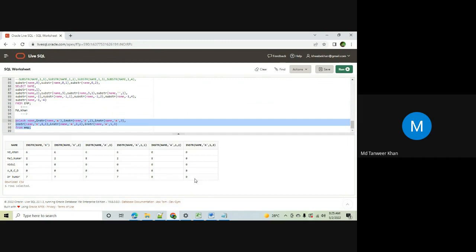Is this clear? So similarly, whether you want the second occurrence or third occurrence, you can play with that last argument, this fourth argument. It tells which occurrence you want. So this was all about the INSTR function, guys. Any question here?